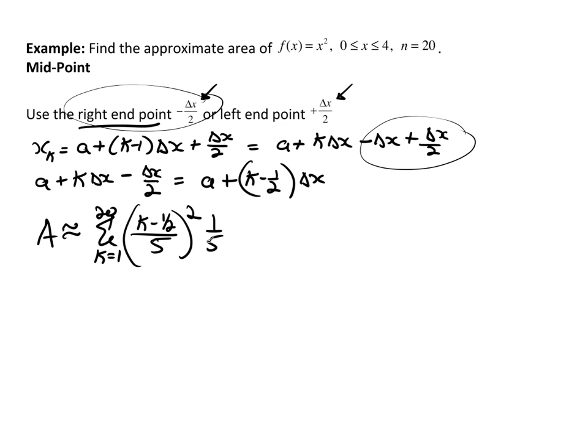And now it's going to be a matter of doing the exact same thing I've done before. So if I square this, I'll still have my 1 over 125 out front. And when I square the top, I'll have k squared minus 2 times k times a half, that's just minus k, plus the negative 1/2 squared, which is positive 1/4.